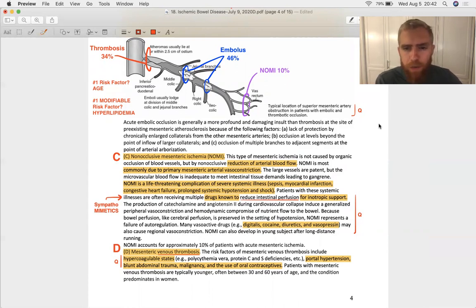Non-occlusive mesenteric ischemia, really cool. There's no clots involved. There's no emboli involved. But you do see ischemia due to reduction of arterial blood flow. So it's on the artery side of the capillary bed, and it's due to vasoconstriction.